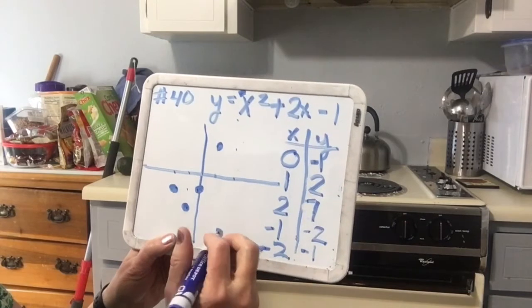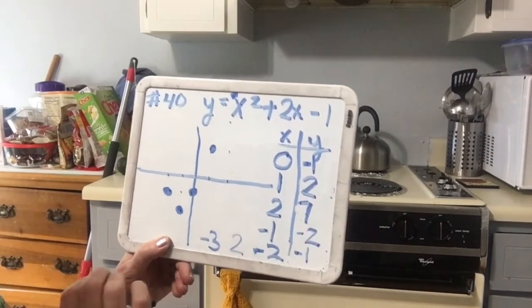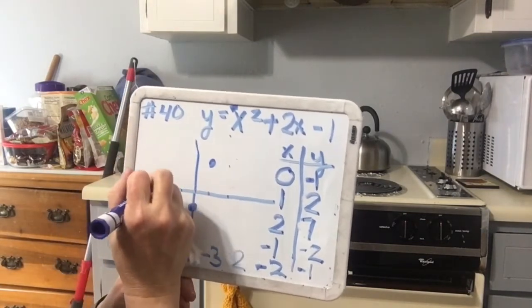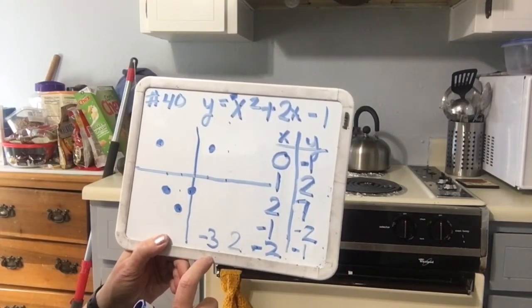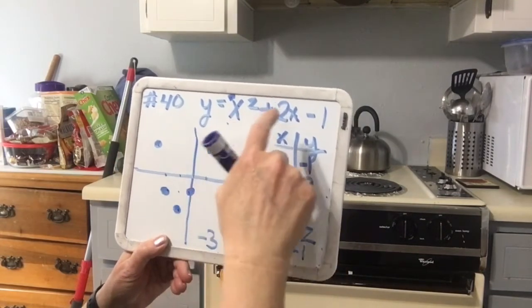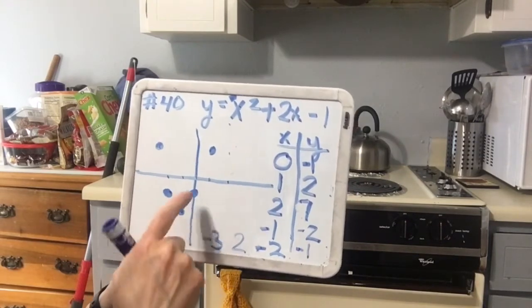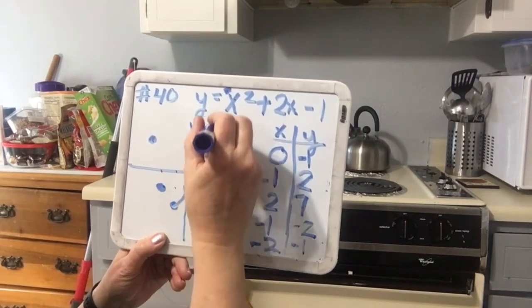It should have been a 2 anyway. I just forgot a point there. So then we're going to go up to 2, which is what you get when you plug in a negative 3. 9 take away 6 is 3, take away 1 more is 2. Okay, so negative 3, 2 is a point, and it's balancing out.